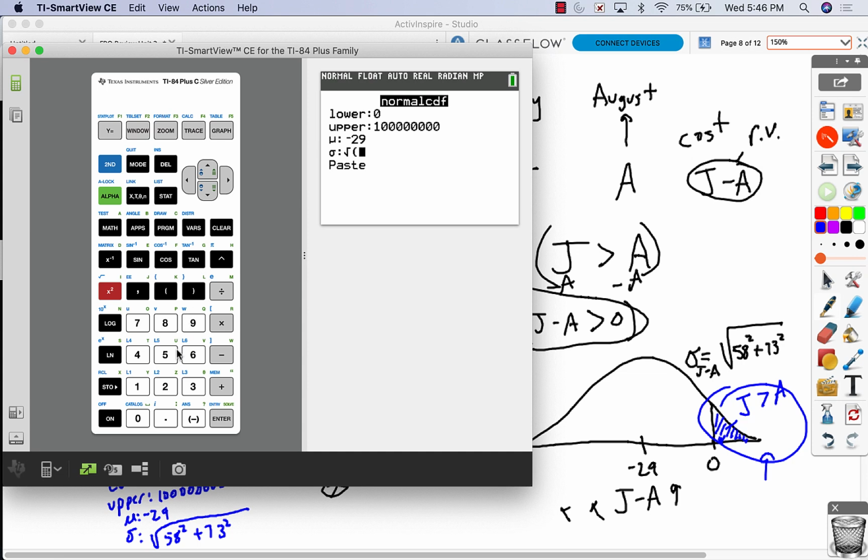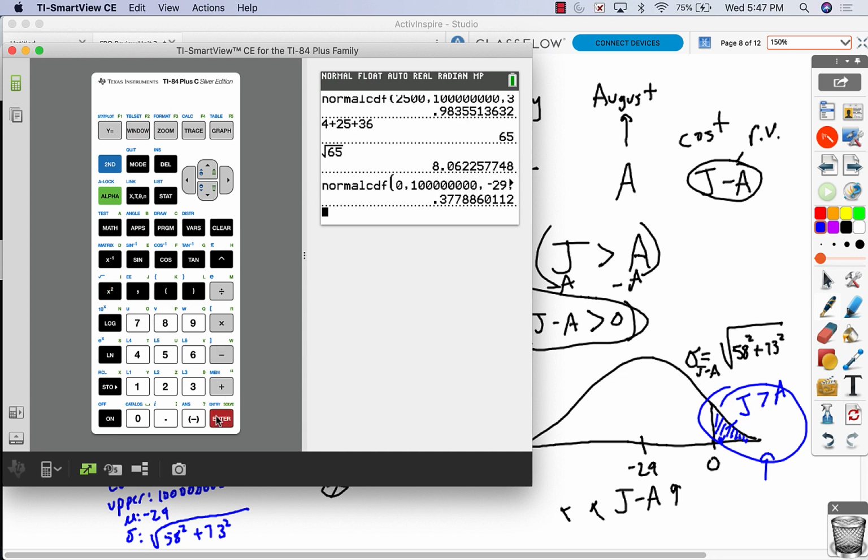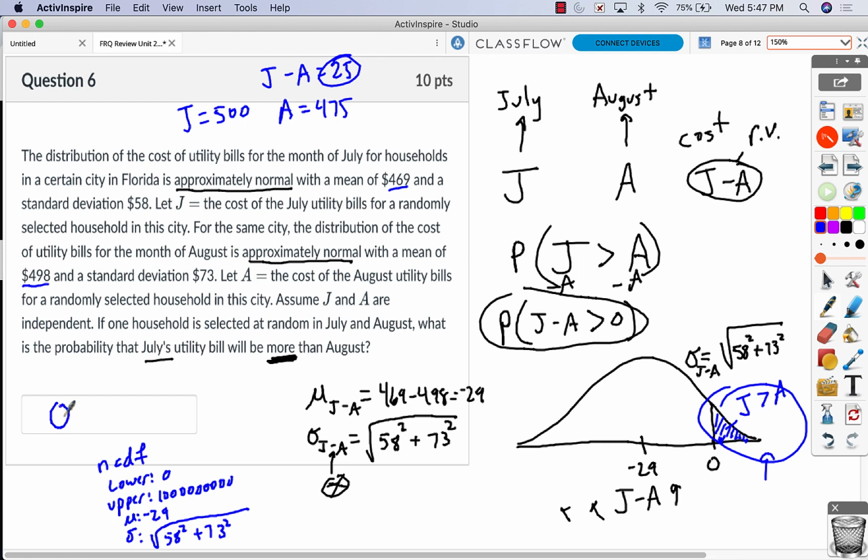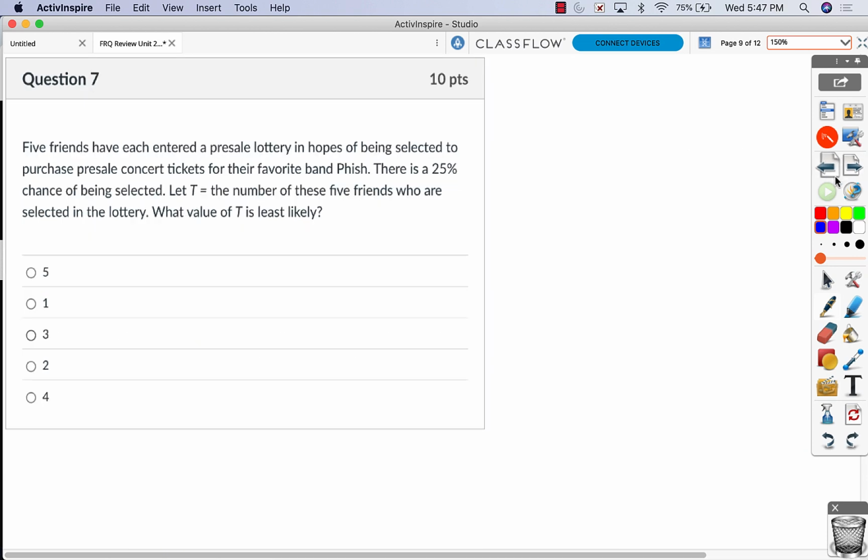And then 58 squared plus, not minus, what's the other one? 73 squared. Unclose it. Now I have no round off error. Enter and enter and enter. 0.378. Okay. That was by far probably the most tricky one on the test.